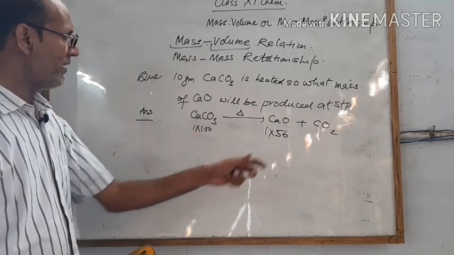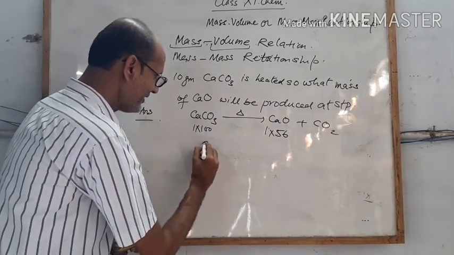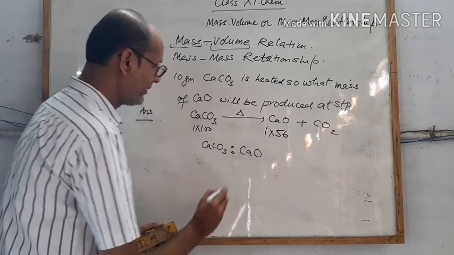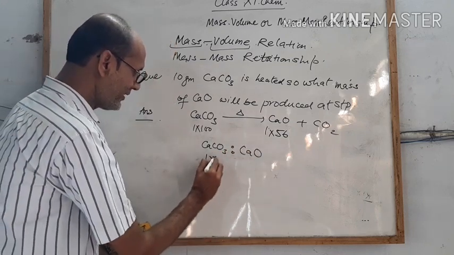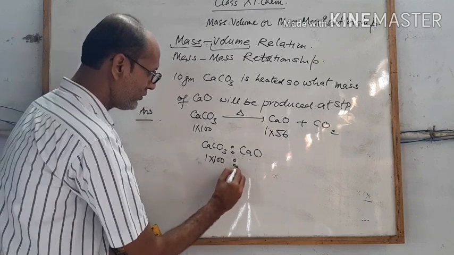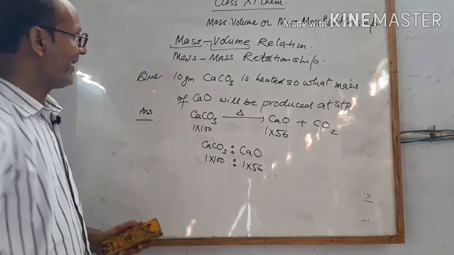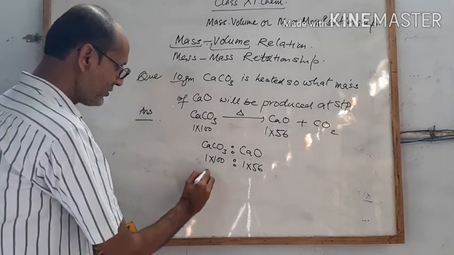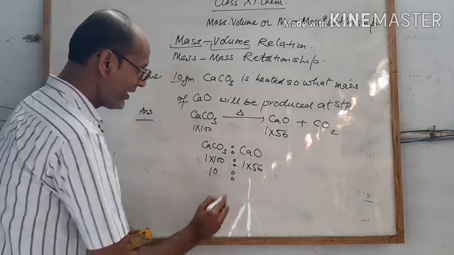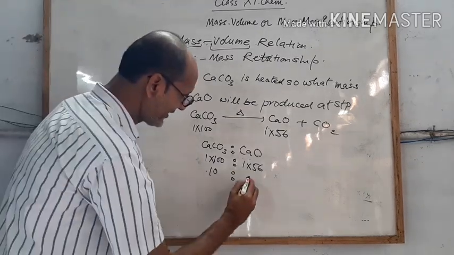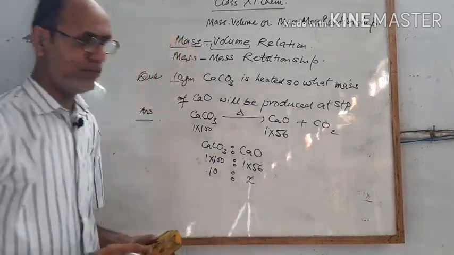Now the ratio will be CaCO3 ratio CaO: 1 into 100 ratio 1 into 56, and 10 gram is given, so 10 ratio X. I am not writing V because V is used for volume; you can use any other symbol.